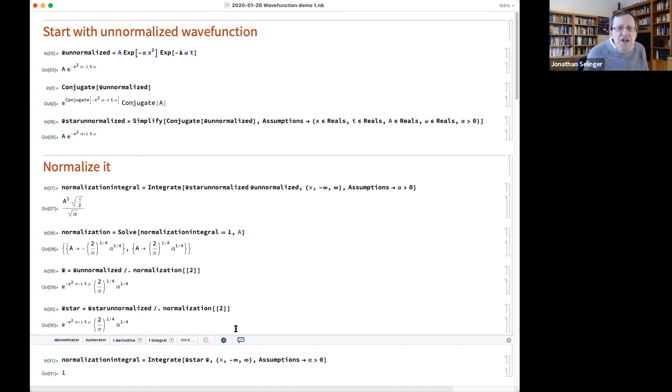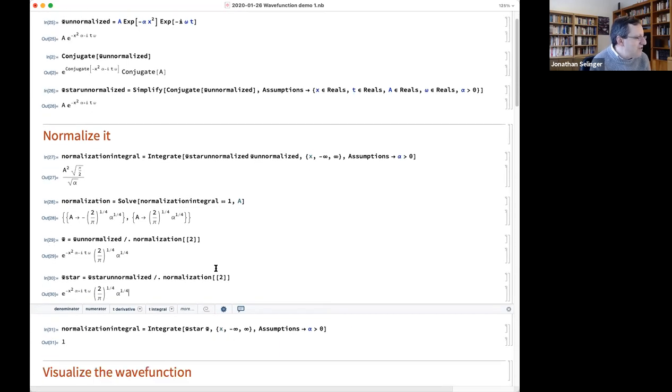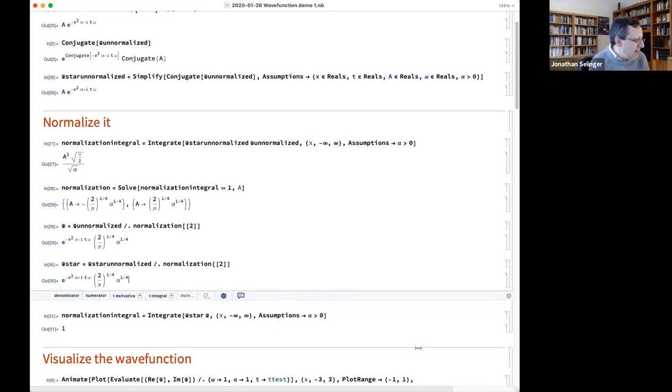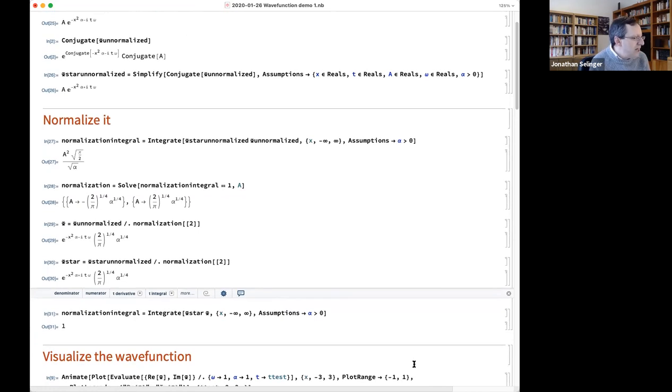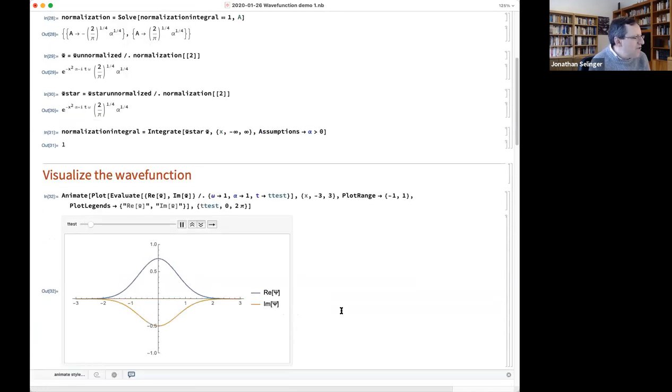Okay, so this is a nice example of a normalized wave function, which depends on position and time. So what can I do with it, right? Well, for one thing, I can make a plot. Let's visualize it, okay? So to visualize it, well, it's a complex number, so it has a real part and an imaginary part.